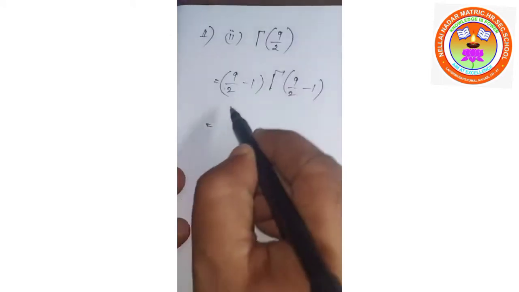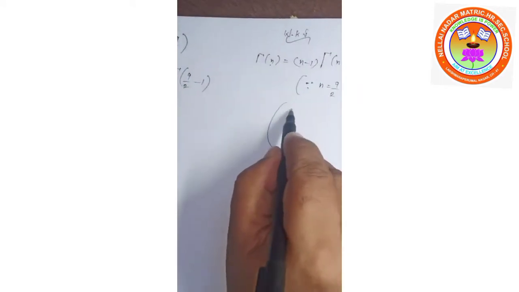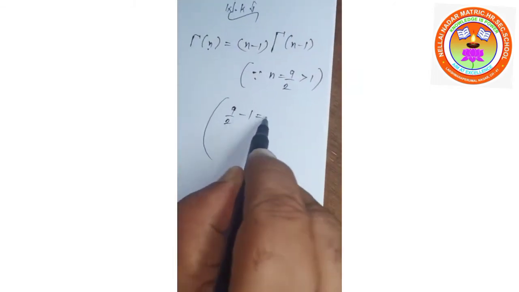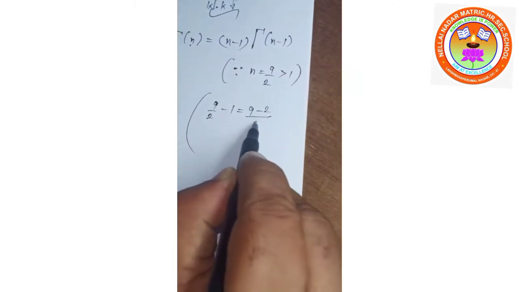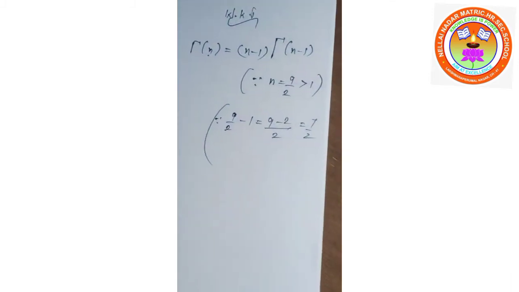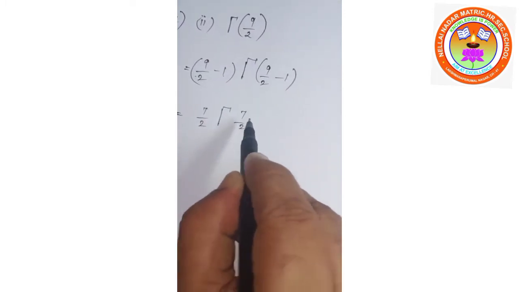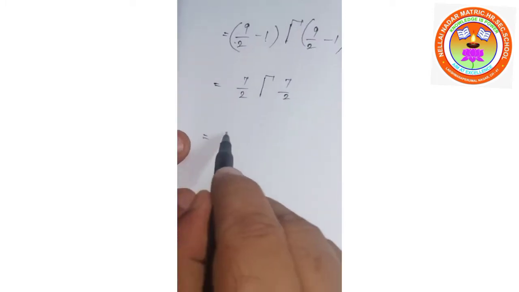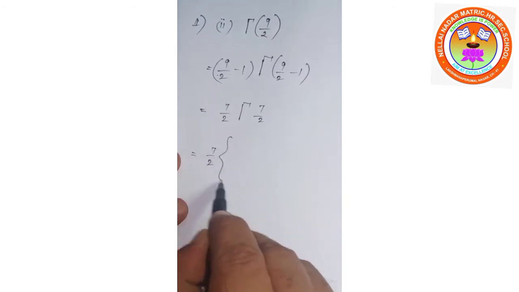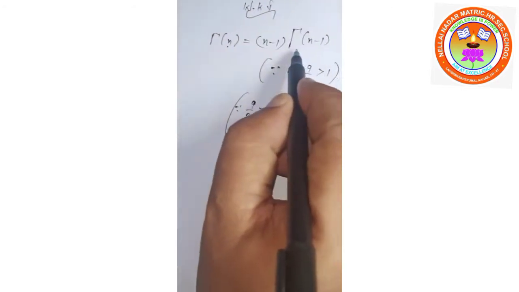You have to simplify. 9 by 2 minus 1 equals 9 minus 2 by 2, 2 is the LCM, that is 7 by 2. You can write over here 7 by 2 gamma of 7 by 2. Write this 7 by 2 as it is, gamma of 7 by 2. Once again I am going to apply the same property.